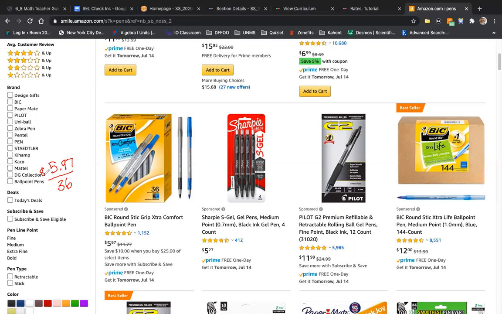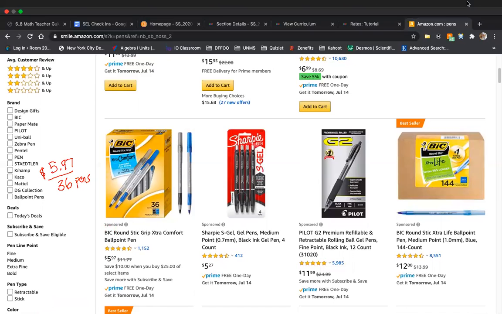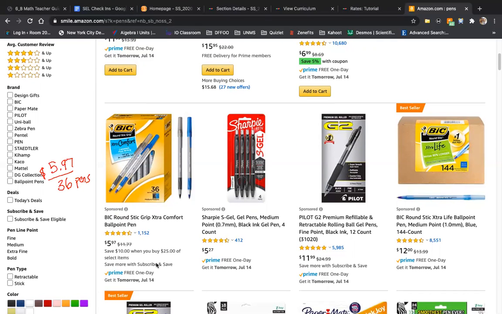Let's put some units, that's dollars, divided by 36 pens. That's going to tell me how much it costs for just one of those pens. Let me do that calculation right now. 5.97 divided by 36. So in that case, this one is actually almost 17 cents per pen.